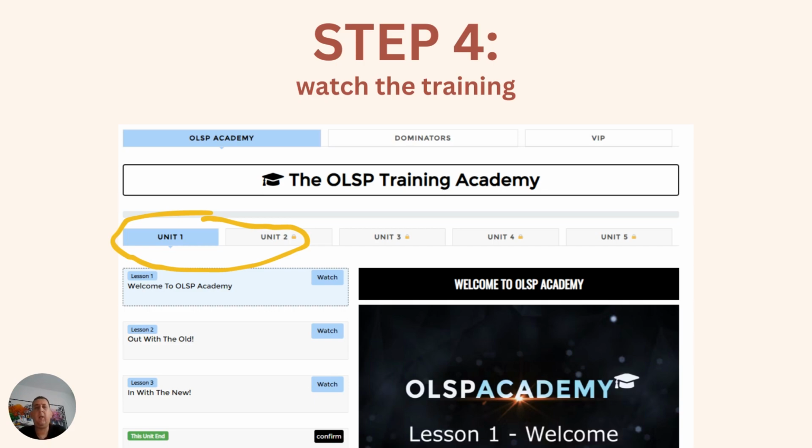Now, as step 4, you should start watching the training. As you can see, there are 5 units in this training. It will go from the beginning, and unit 1 is open at start, so you must watch and confirm that you watched, and then unit 2 will open. After you watch unit 2, unit 3 will open, and on and on.